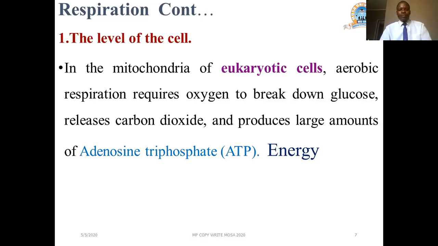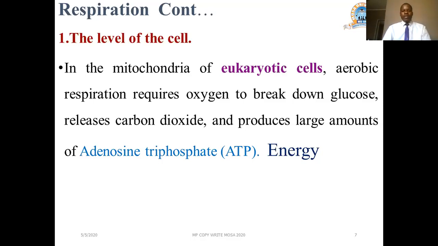So we're saying when glucose has been broken down, carbon dioxide is released and it produces much energy, and this energy is in the form of ATP, adenosine triphosphate.